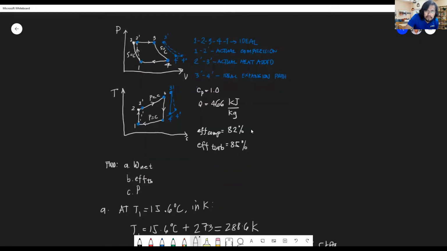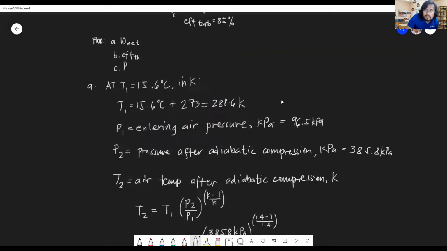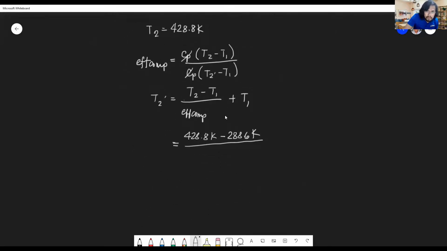Yeah, it's over here. 0.82, no unit, and we multiply or we add this to 288.6 Kelvin. We have a T2 prime of, let's try to solve, 428 minus 288.6 divided by 0.82.